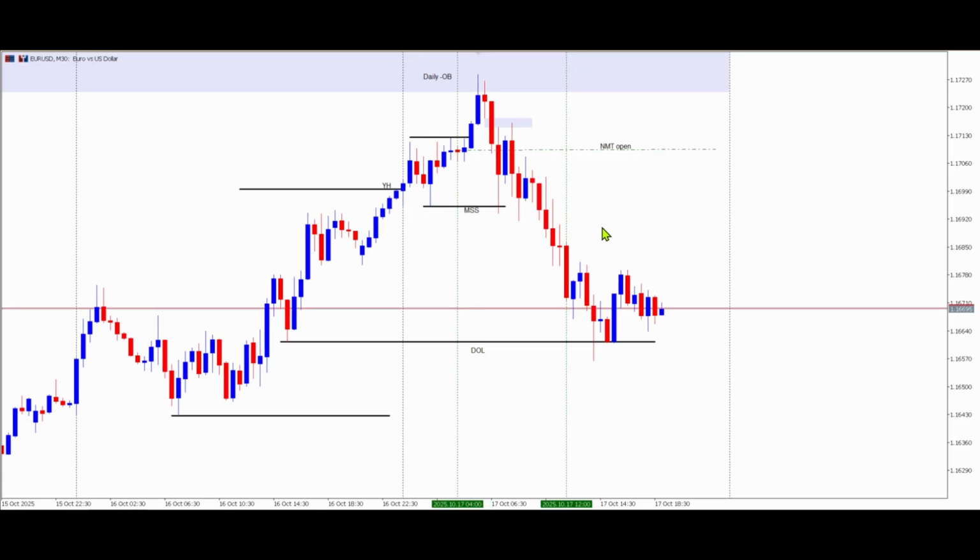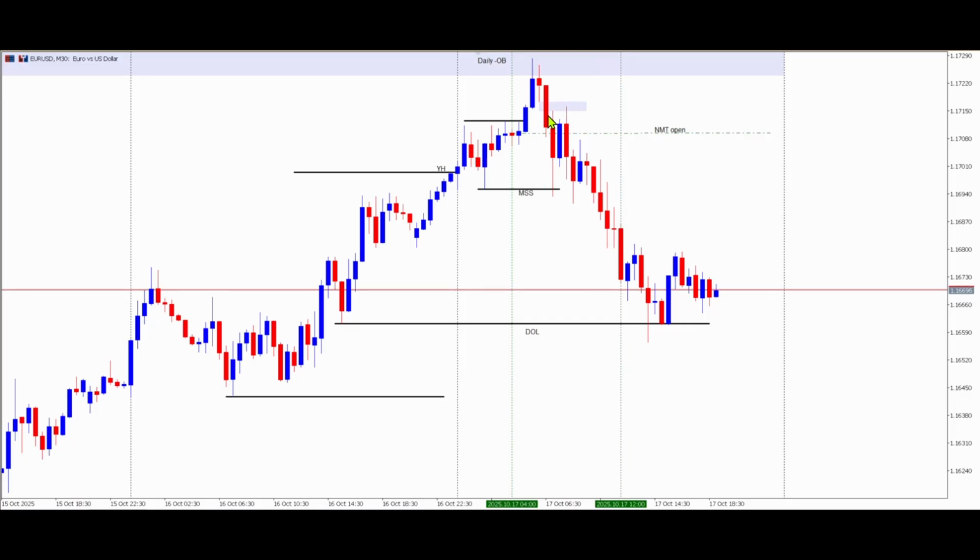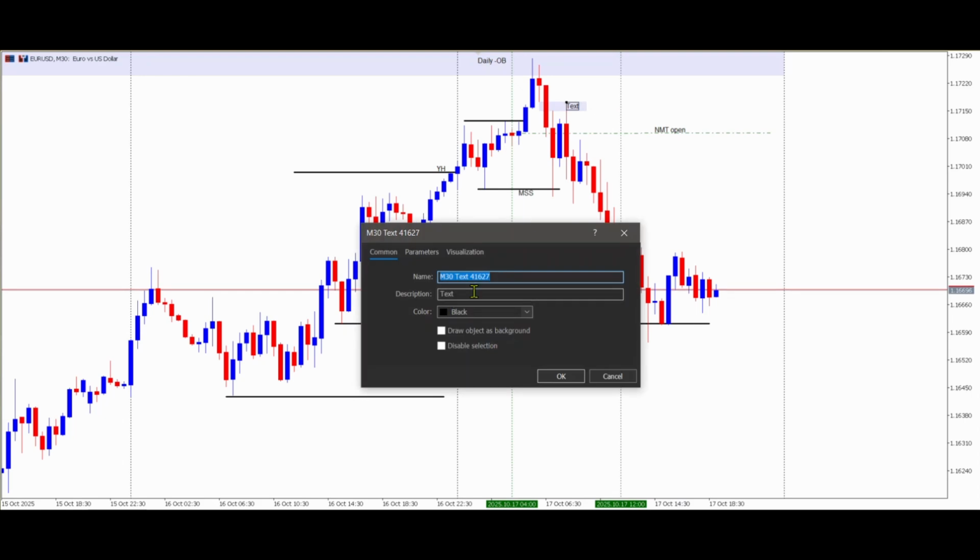MSS, market structure shift. We then look for a fair value gap. Price trades back into the fair value gap. I put my sell limit order right at the low end of this fair value gap. So it's a very nice trade, nice precision there.